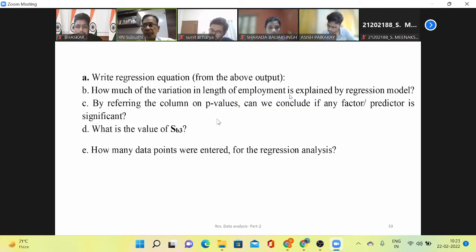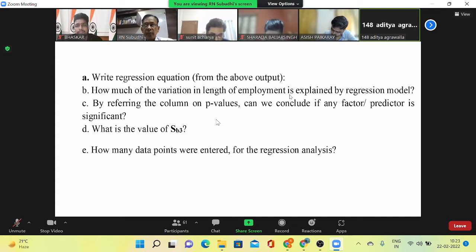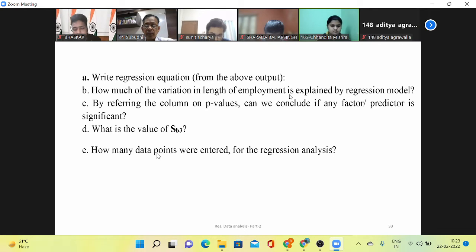Now, Aditya Agrawal. Aditya, you are there? Yes, sir. What should we do? You are taking a screenshot or not? No, sir, I'm just checking. Chandita? Yes, sir. Otherwise pass. Trishita, can you help us?